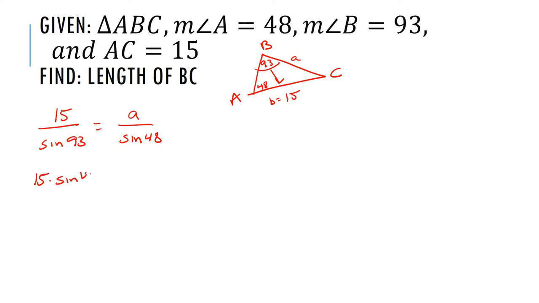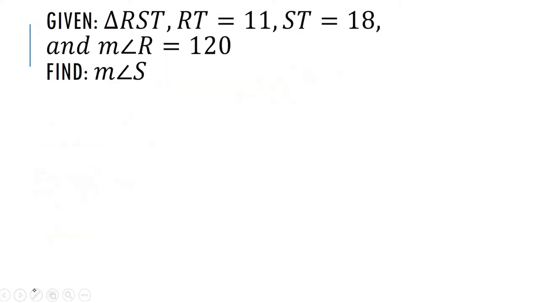So 15 times the sine of 48 divided by the sine of 93 will give me A. And if I plug that all in my calculator, I get A equals 11.162. Pretty simple. Let's try another one.